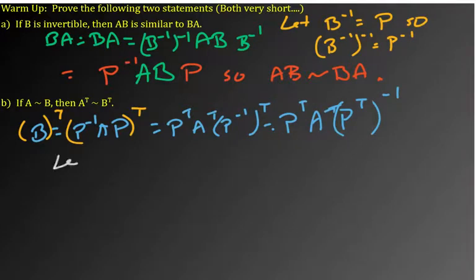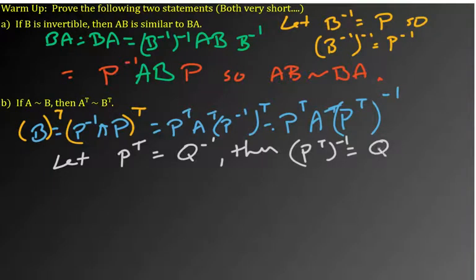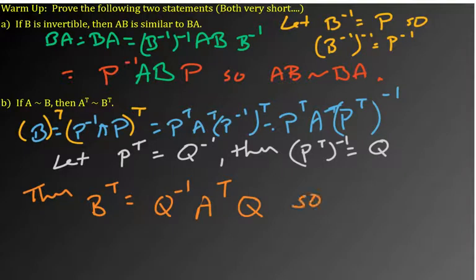I'm going to say let P transpose equal Q inverse, and therefore P transpose inverse would be Q. So if I swap in that stuff, then we have B transpose equals Q inverse, A transpose, and then Q. So A transpose is similar to B transpose. And that's it.